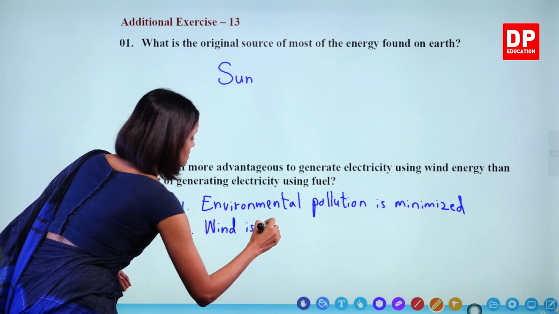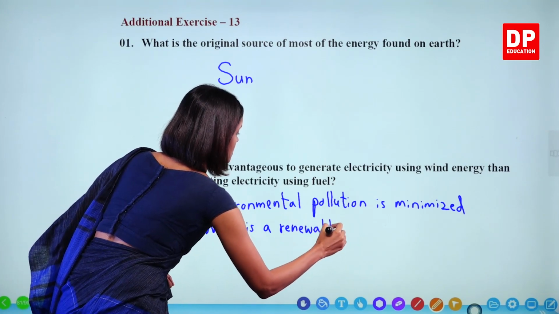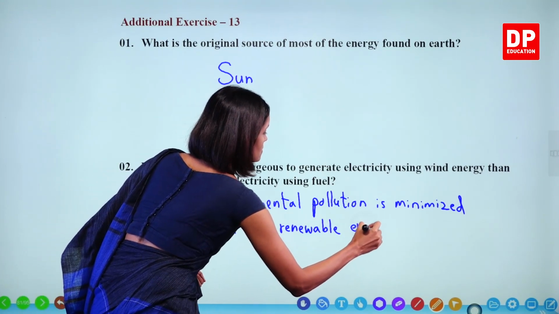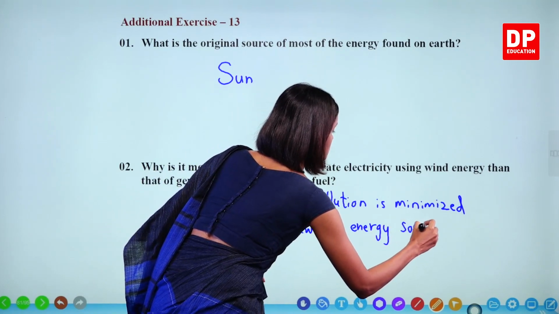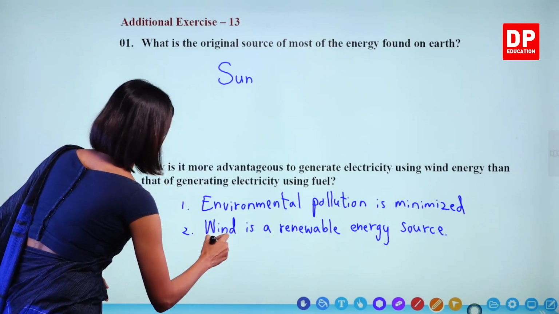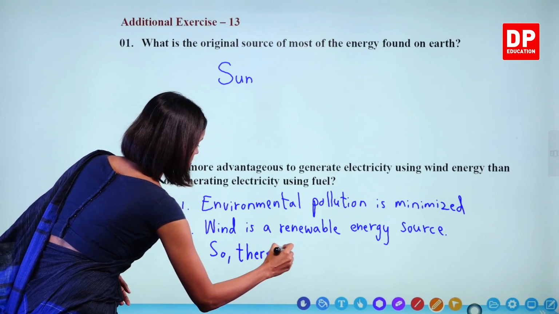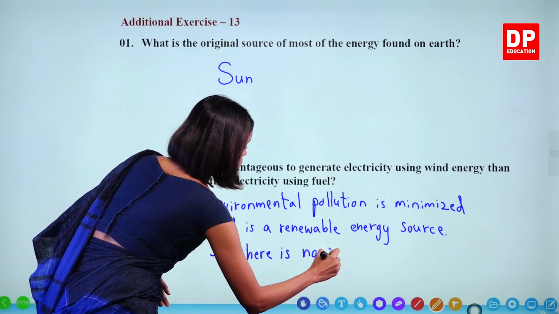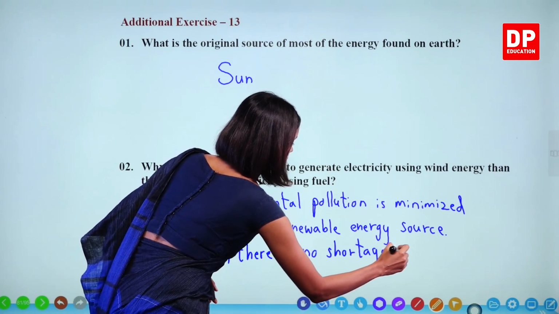Wind is a renewable energy source. So, there is no shortage of it.